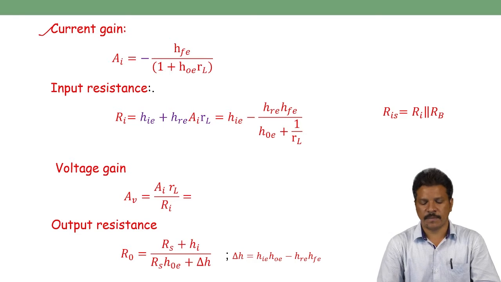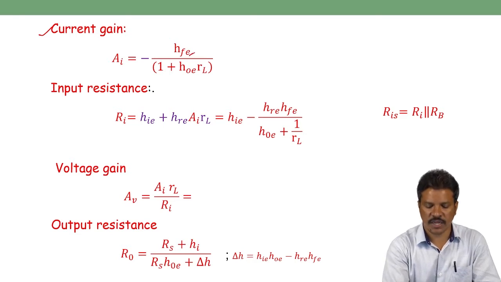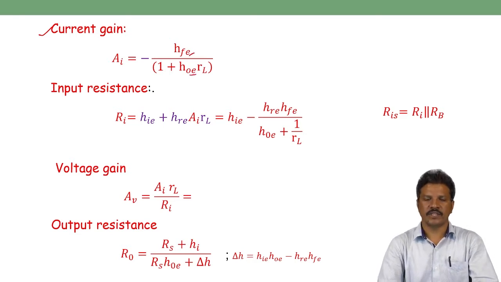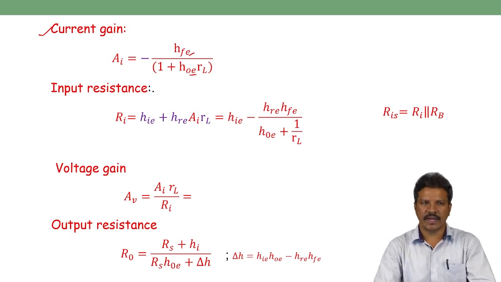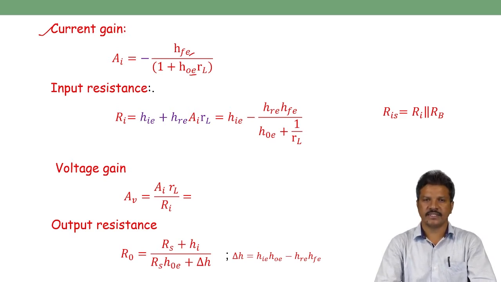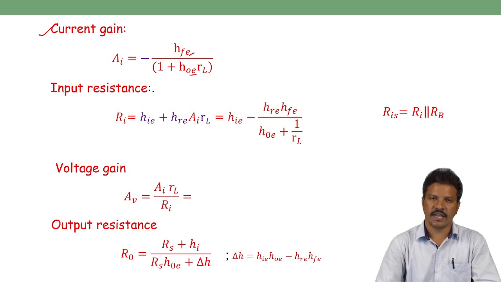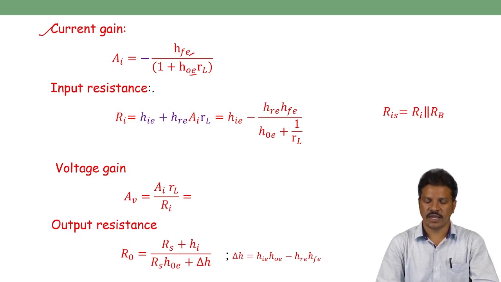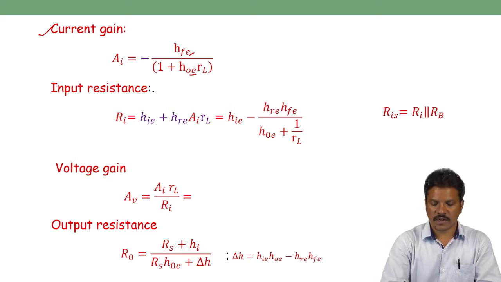Just an extra subscript is added to this equation, HFE and HOE. That is the only thing. So for the transistor H parameter model in common emitter configuration, that extra term is added to HFE and HOE. This is called current gain.